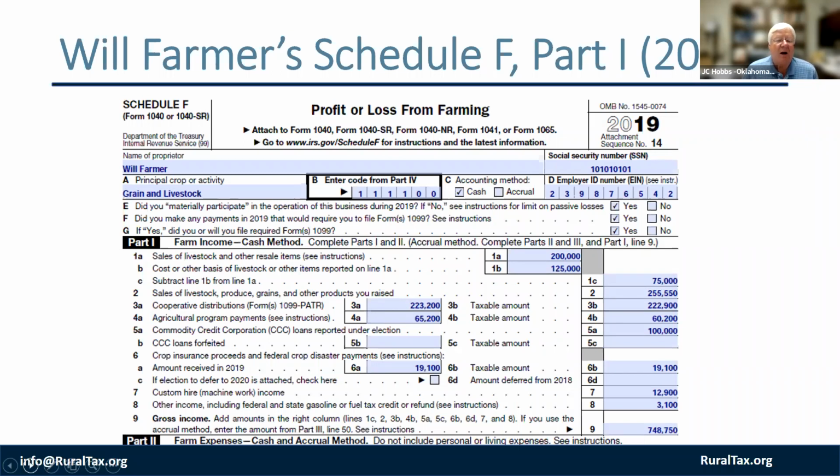Now let's look at the co-op distributions. So he got a Form 1099 patronage from his co-op. That showed his total patronage dividends of $223,200. Going back to what was on that patronage form, it showed that he had about $1,300, I guess, of non-business expense or purchases.